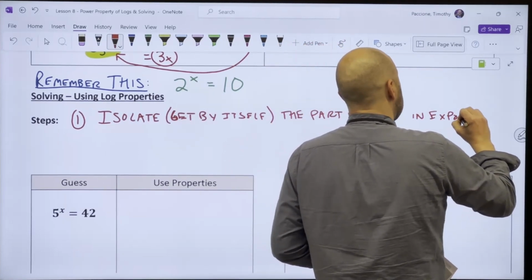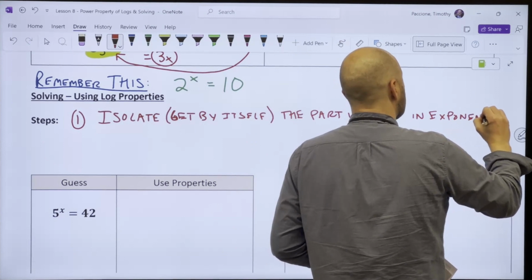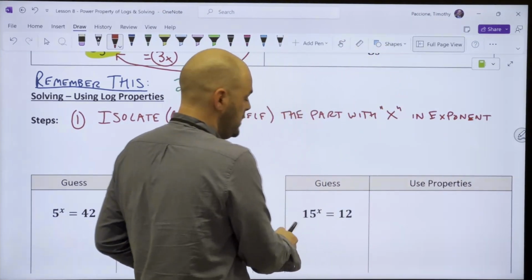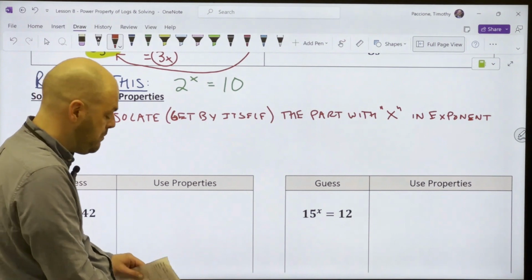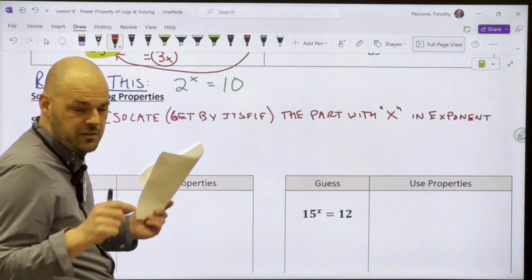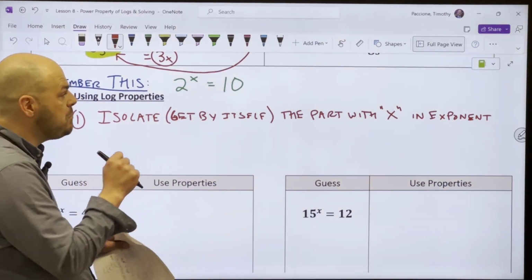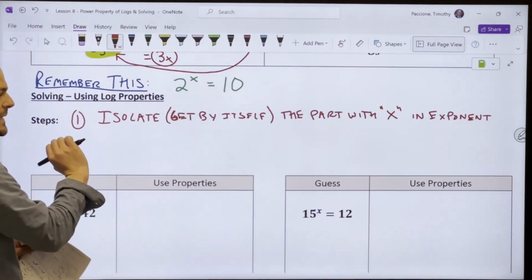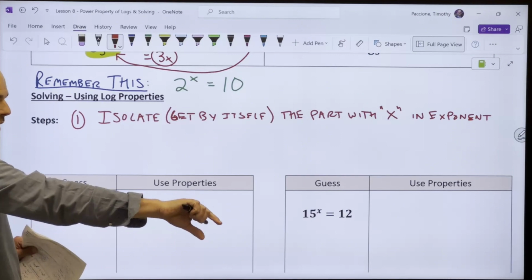So the expression inside your equation. You won't always have to, but if you take a peek down to the bottom problem on this page, we're not there yet, but you'll see there's a part that has an x in the exponent, and then there's all this other stuff. Well, if that's the case, you got to get the part with the x in the exponent by itself. Move everything else away.